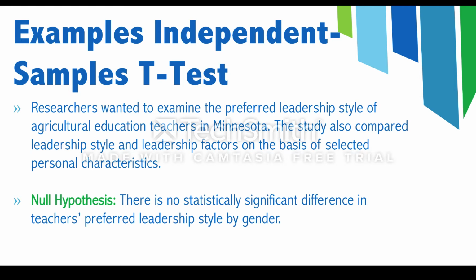And their null hypothesis was that there is no statistically significant difference in teachers' preferred leadership style by gender. So they had two groups, males and females, and then they looked at the difference of the preferred leadership style for those two groups.